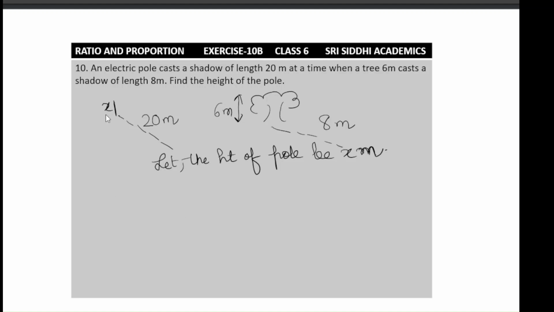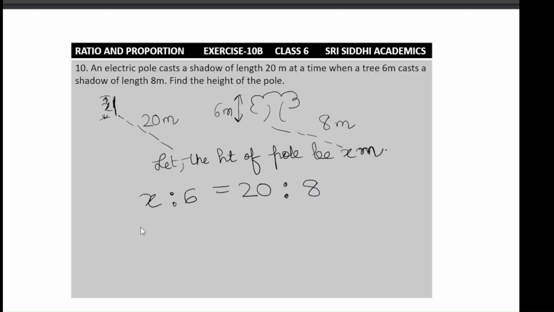X is to 6, where 6 is the height of the tree, is equal to 20, the length of the shadow of the pole, as the length of the shadow of the tree. How much is it? 8, right?